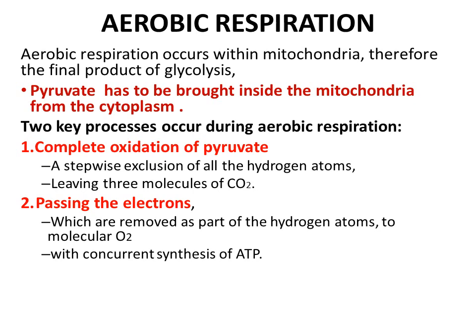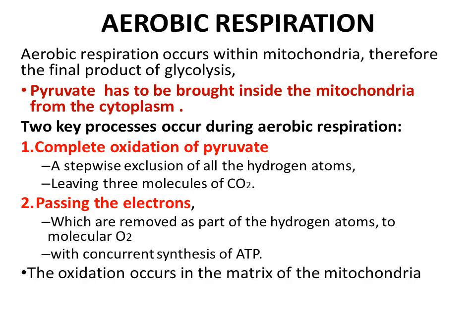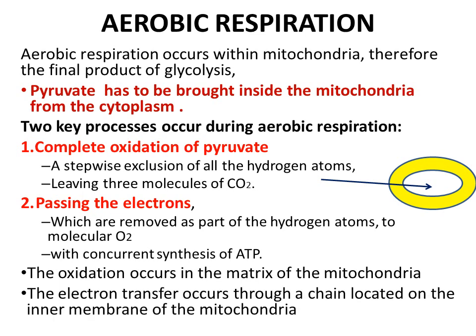As these electrons are passed on, ATPs are synthesized. This oxidation occurs in the matrix of mitochondria, and the electron transfer occurs through an electron transport chain, which is located on the inner membrane of the mitochondria.